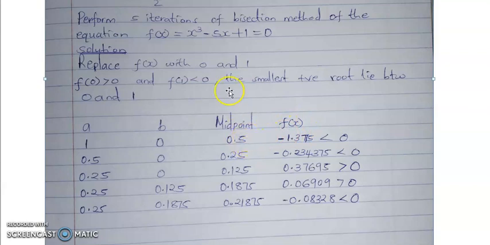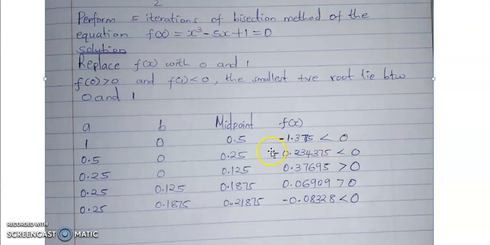Replacing 0.5 in this equation, you get negative 1.375, which is less than 0.